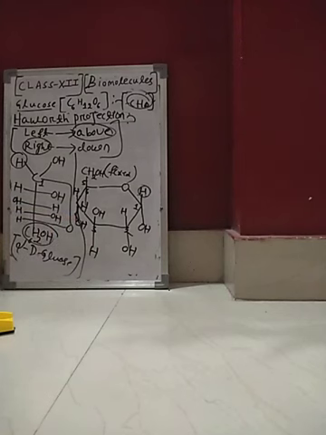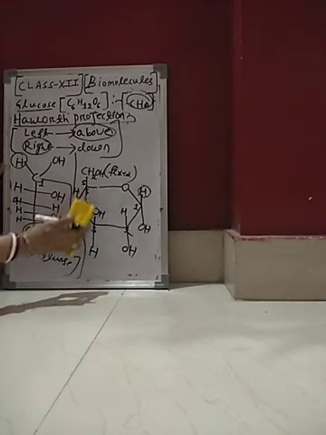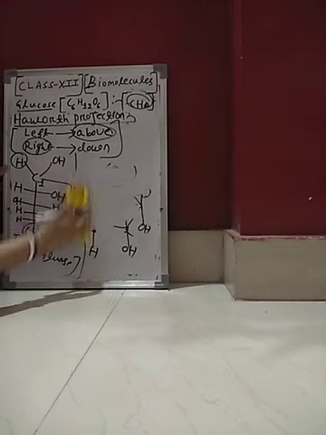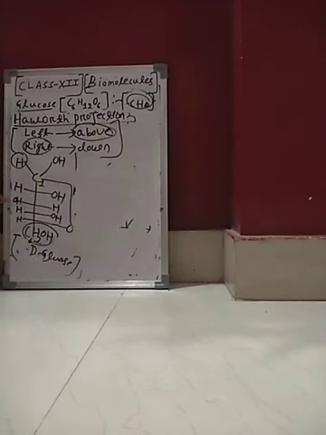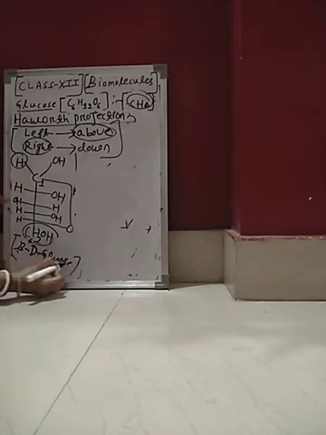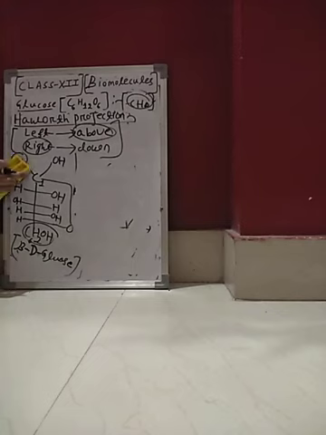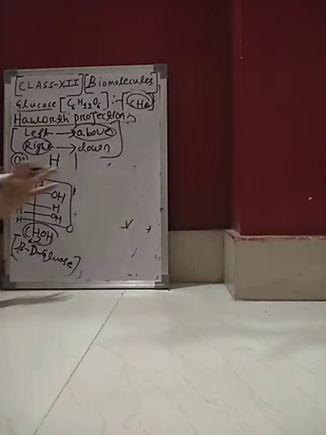Okay, similarly I will do the structure for beta D-glucose. So how can I do the beta D-glucose structure? What is the difference between alpha D-glucose and beta D-glucose? Just the difference here. On the right, instead of H there will be OH, and here it will be H. Clear?